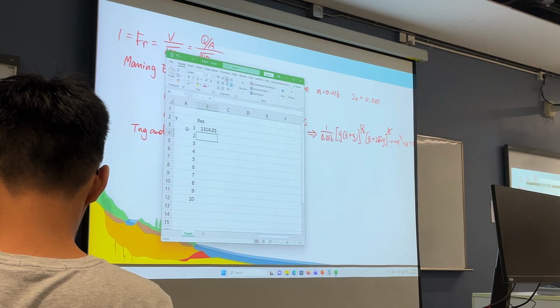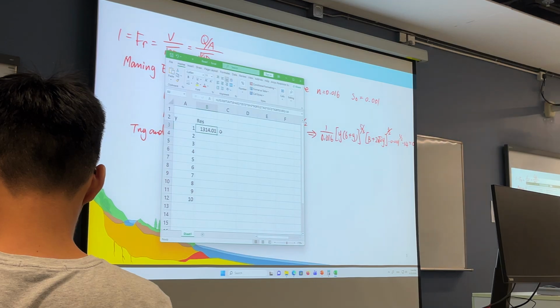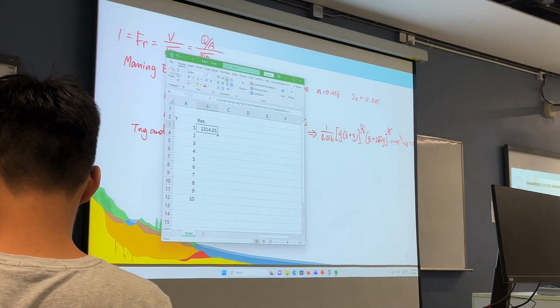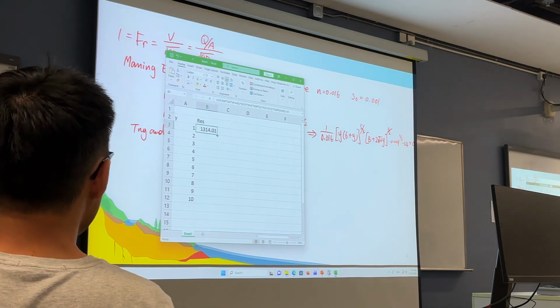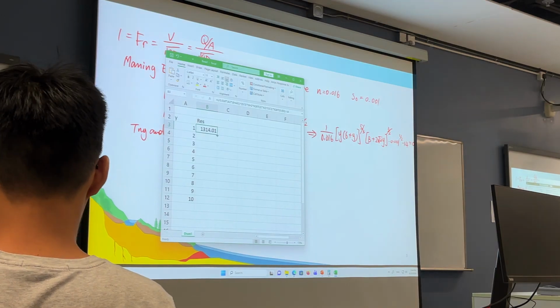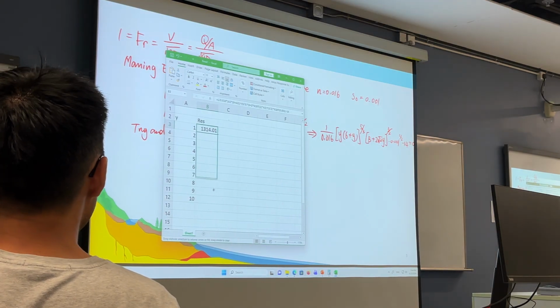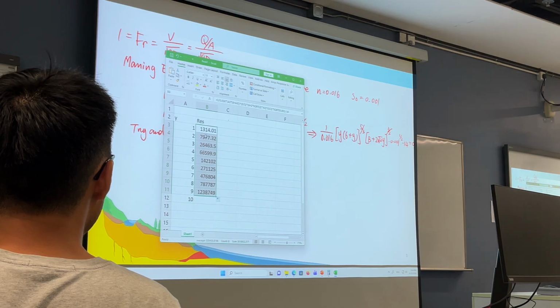Subtract 14. Wow, it's quite a big number, okay? So it may be a smaller y. If we increase it, it will be very large.